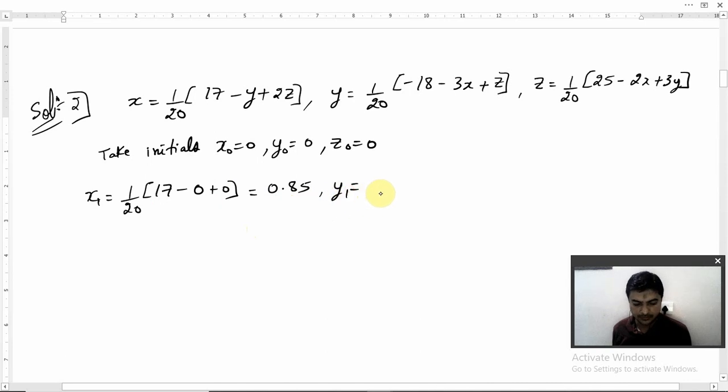y1 is equal to 1 upon 20 into minus 18 minus 3 into x. Here, friends, we can see that for whichever previous value we don't have, I'm going to choose it as 0.